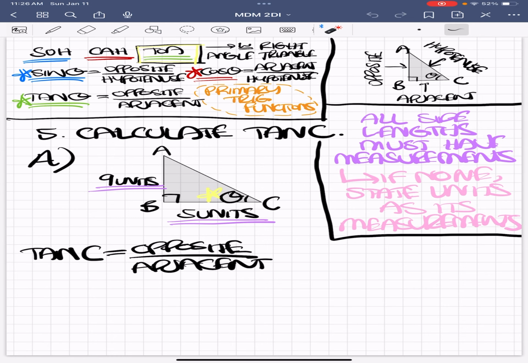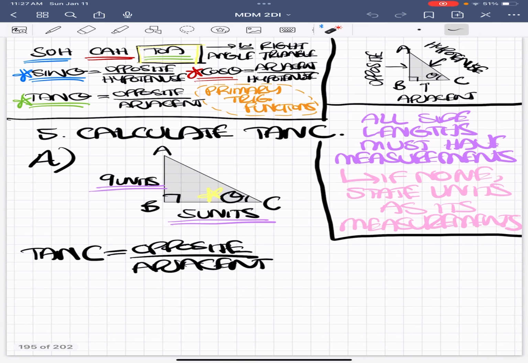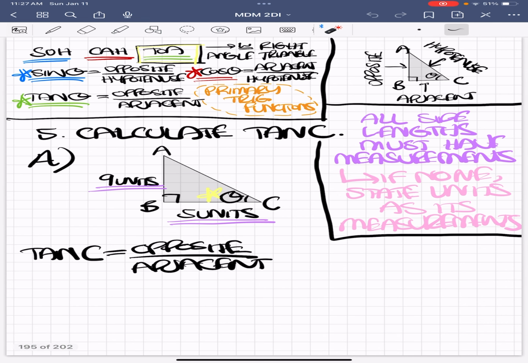If none, state units as its measurements. So here I have 9 units and 5 units. With side length, this would be A, this would be B, this would be A, this would be C, and this would be B. All side lengths must have measurements, and if there are no measurements, just put units, and that will be okay.